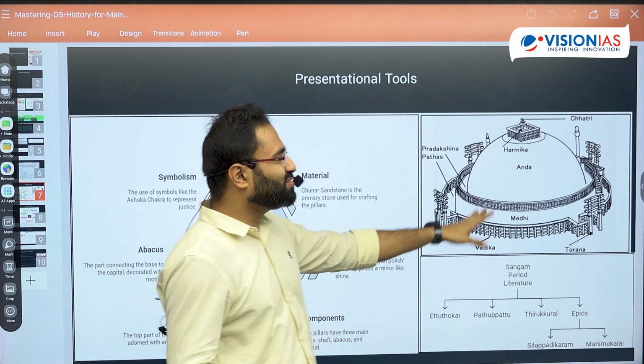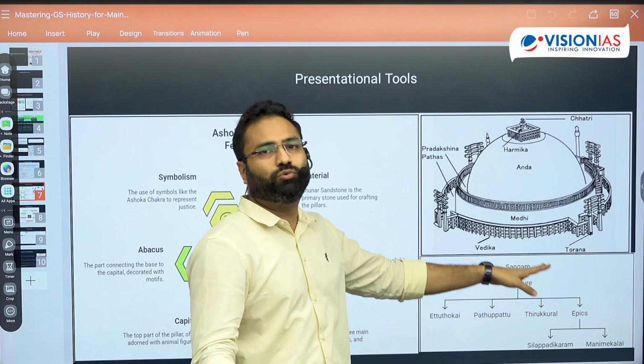Similarly, if the question is asking about Buddhist structures or certain architecture, you can even talk about the stupa. Now this kind of stupa diagram can be made, obviously not with the intricate carving, but just to give an idea about how different parts are there in the stupa. UPSC had asked a question about it. Similarly, Sangam period literature, there is certain literature which is commonly known, right?